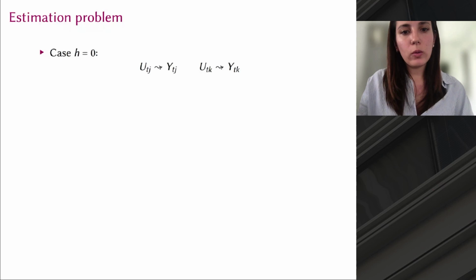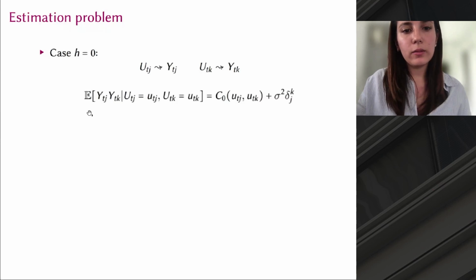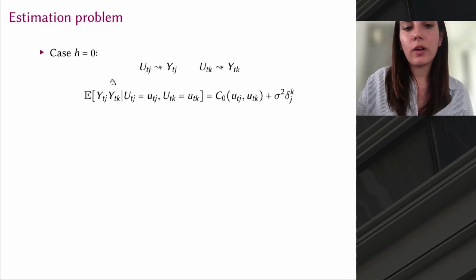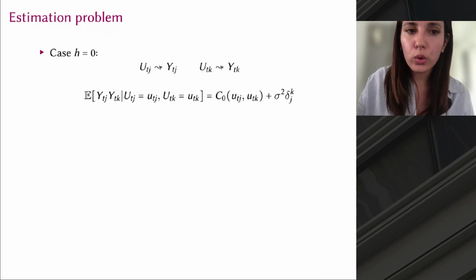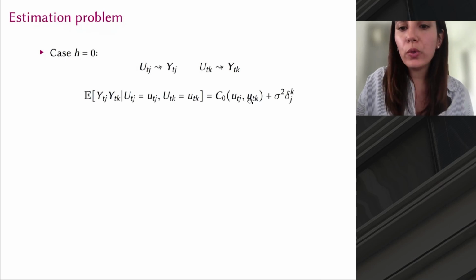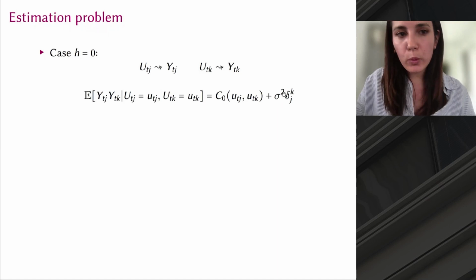So we can compute the expected value of the product of these two observations conditionally on the locations, and we can see that, given our model, this quantity is equal to the covariance function, the lag 0 autocovariance function, computed at the two locations, plus sigma squared, which is the variance of the white noise.